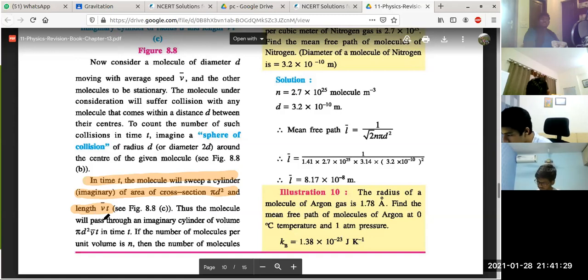Then the molecule passes through the imaginary cylinder of volume pi d square vt in time t.